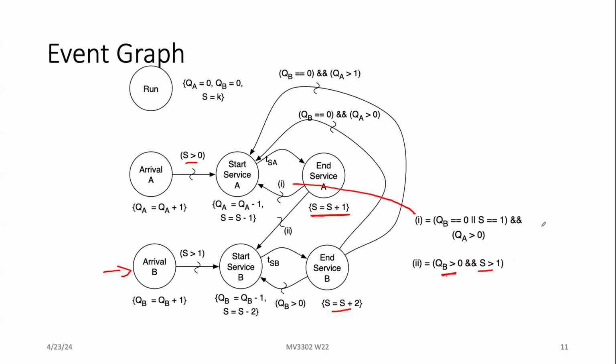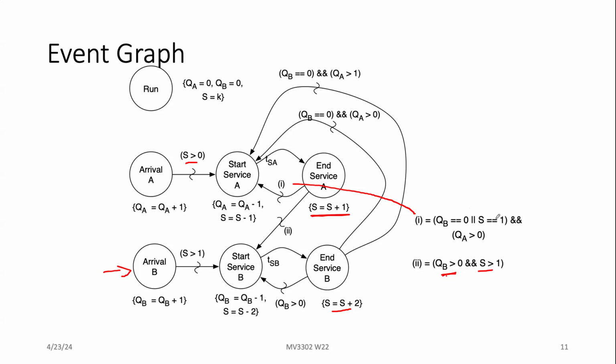Do I need both conditions? Because if I have one in the QA, is it possible to have the free server? If I have one in my QA, then it's not possible that I have a free server, so I don't use the first condition.